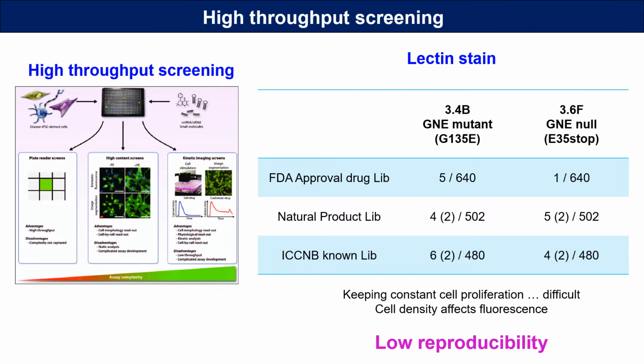And we have previously performed this kind of screening using lectin staining and used 3 kinds of libraries, which include 400 to 700 drugs. But keeping cell proliferation constant was very difficult, and cell density affected fluorescence. So it was difficult to achieve reproducibility, and we had to explore another method.